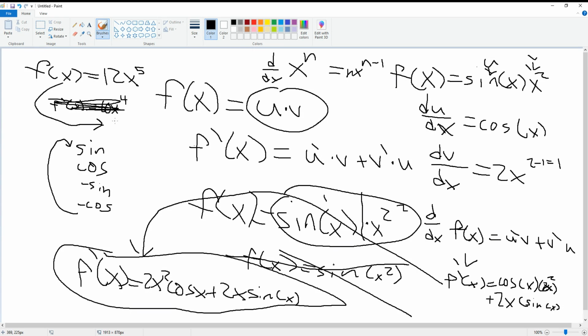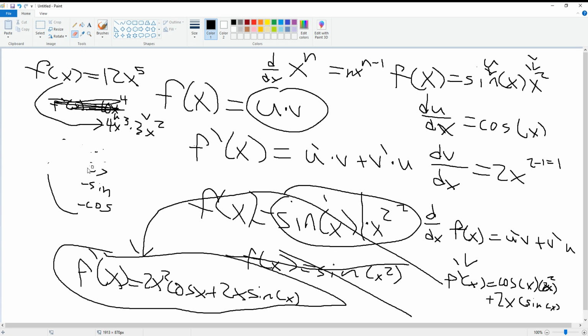So 12x to the fifth is the same thing as 4x cubed times 3x squared. Okay, so that makes sense. That works. So we can make this a u and this a v. And I'm going to delete this so I have more room.